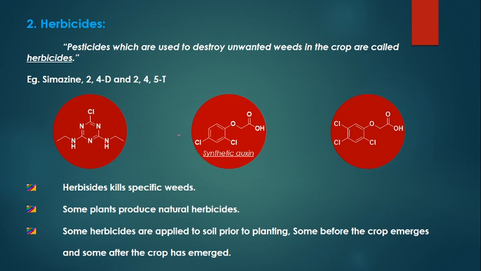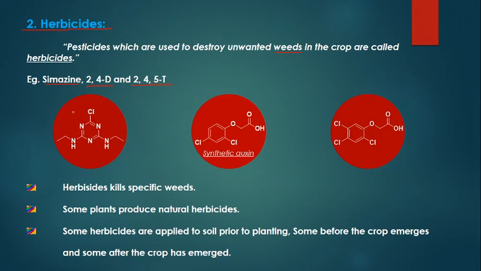The next type of pesticide is herbicides. What are herbicides? Herb means a weed. Pesticides used to destroy unwanted weeds in crops, or the chemical compounds which are used to kill weeds, are called herbicides. Examples of herbicides are simazine, 2,4-D and 2,4,5-D.